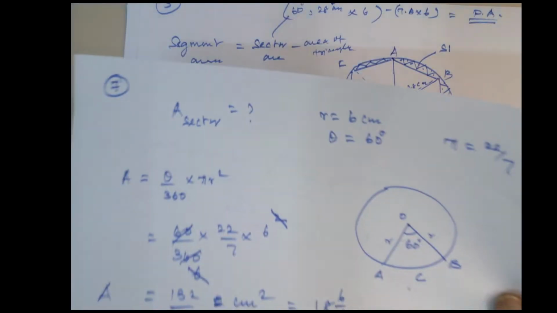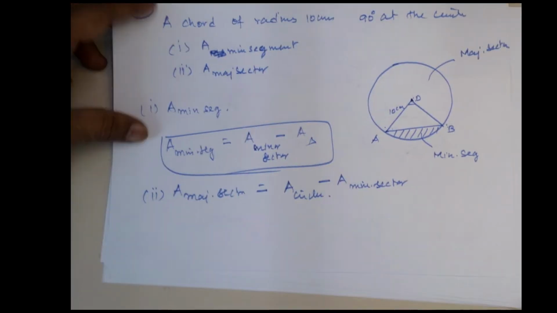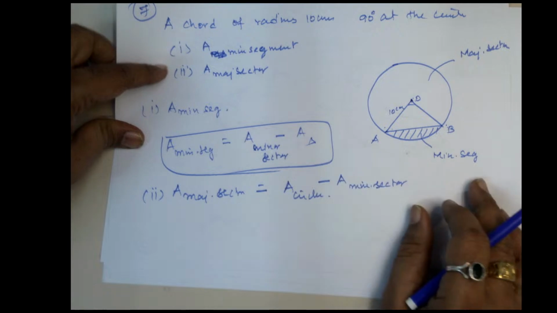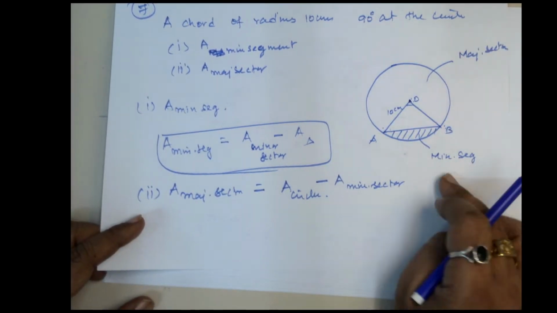I was explaining about major sector, minor sector, and segments also. Then we discussed the area of sector and how to find out the major sector area and minor segment area.